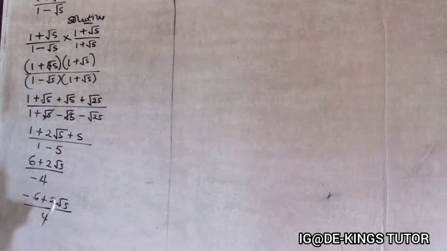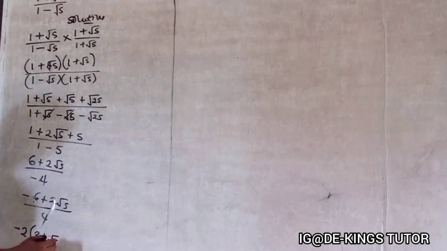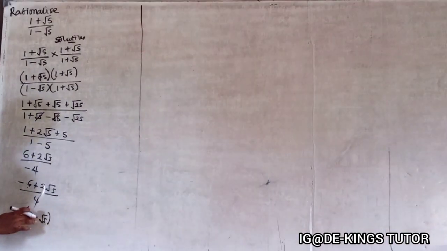As we simplify this, now what is common to both is what? 2. So if I have minus 2 here, I can have 3 plus root 5. Okay. So if I continue this over 4, so that minus 2 times 3 gives us minus 6.